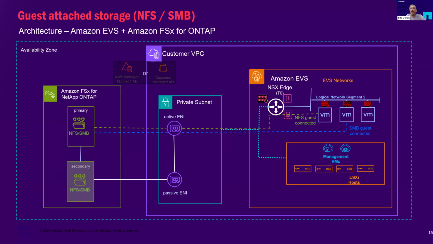Using this connection, we can add Amazon FSx for NetApp ONTAP into the VPC route table and add routes into the overlay networks of the virtualization environment, therefore having the ability to provision storage directly at the VMware level as guest attached storage.